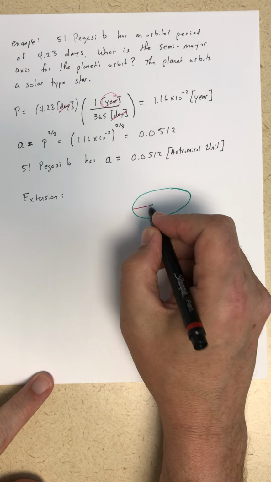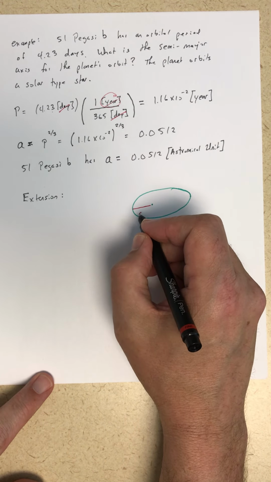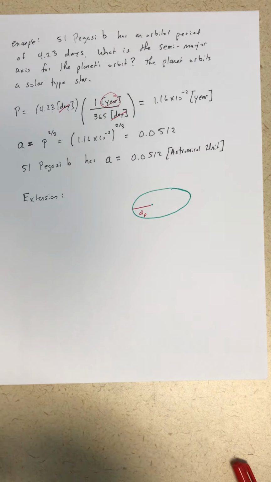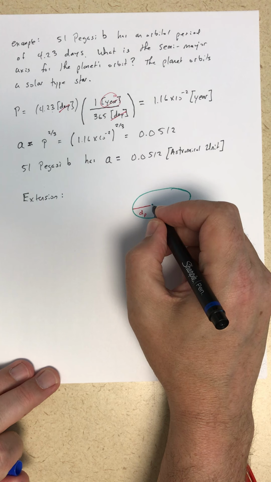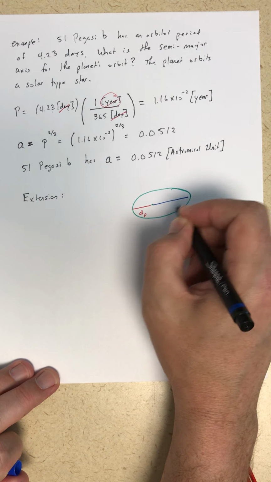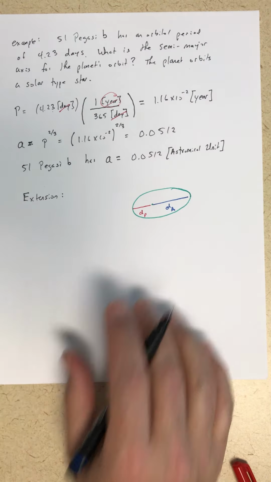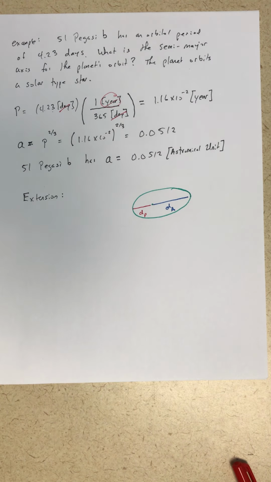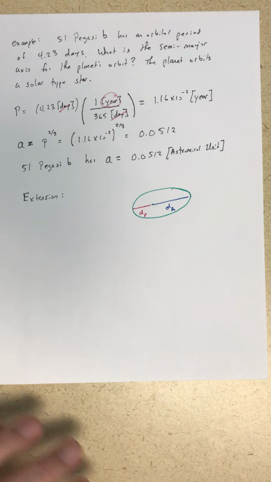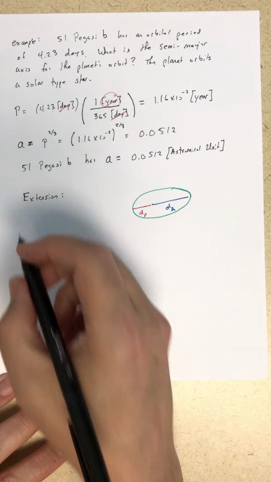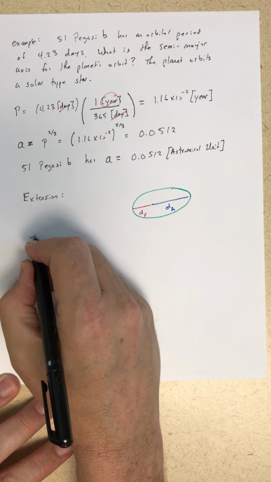We've got a perihelion distance, and the furthest away that a planet is in its orbit is going to be the aphelion distance. And then I'll show you how you can calculate those given the eccentricity of the orbit.